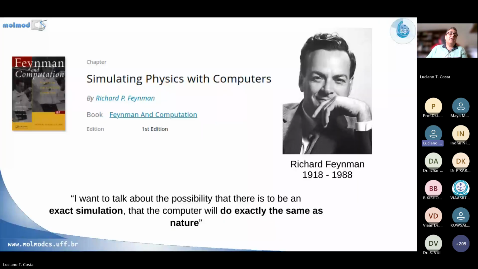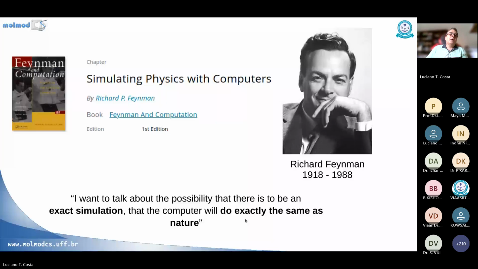So with that, it's this visionary man, Richard Feynman. I have a great inspiration from his life and his career. He published a book with the title "Simulating Physics with Computers." And Sir Richard Feynman said, I want to talk about the possibility that there is to be an exact simulation one day, maybe, that the computer will do exactly the same as nature.